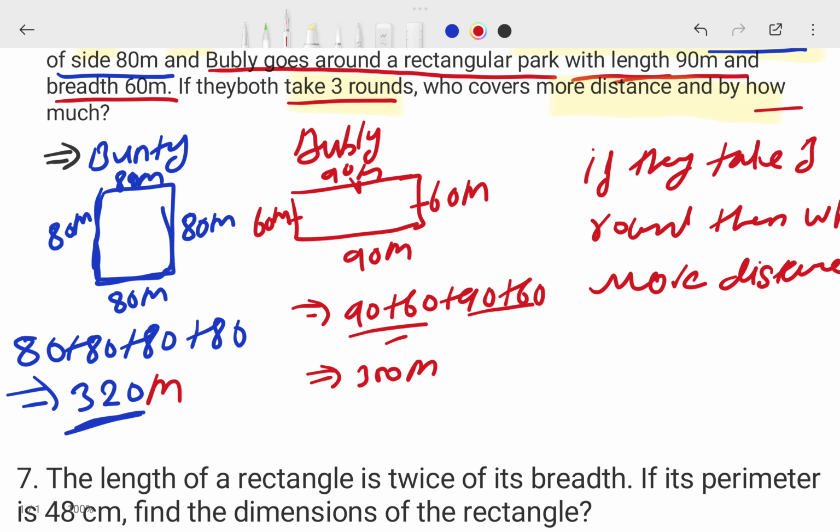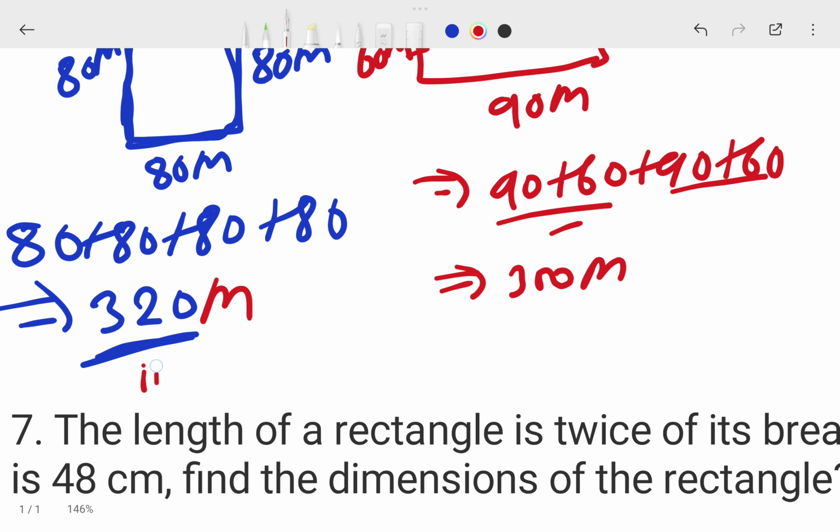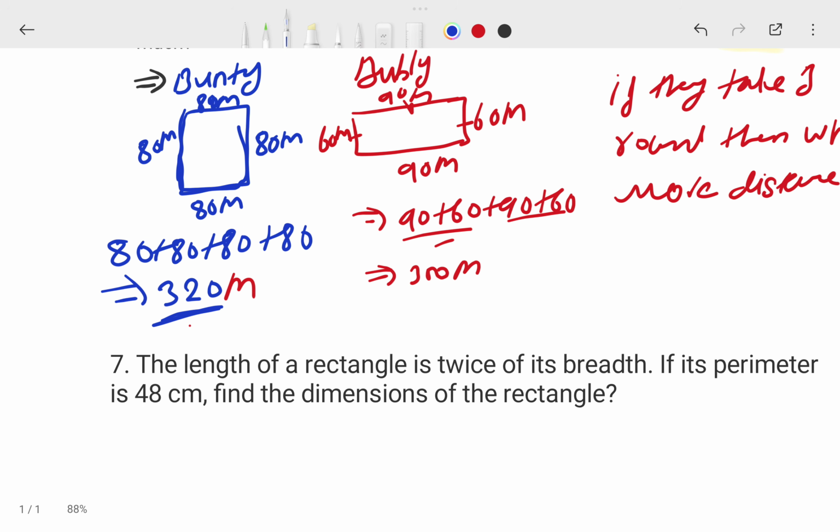So let's suppose if Bunty covers 3 rounds. Actually, I have to take this seventh question something down.